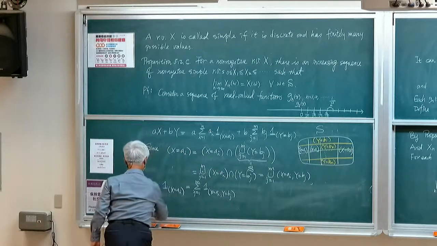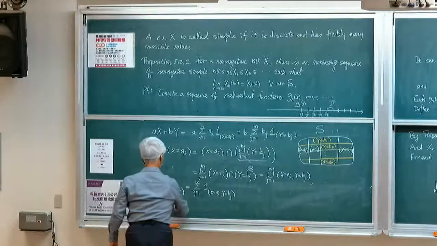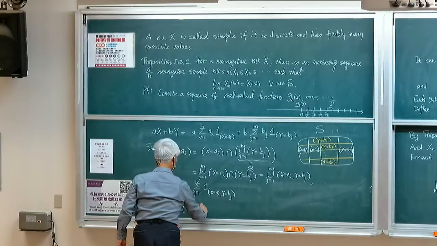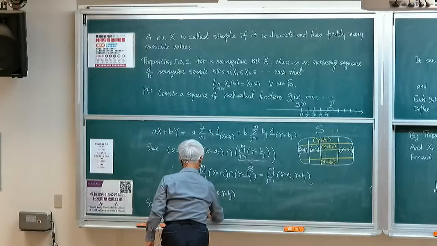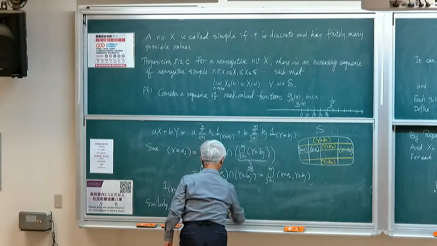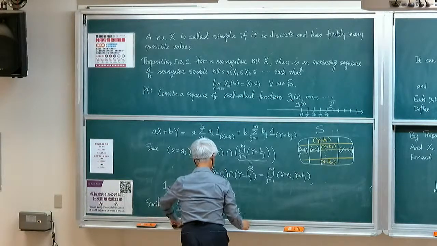Okay, similarly, the indicator of y equal to b_j becomes the sum from i equal to 1 to n of the indicator of x equal to a_i and y equal to b_j.